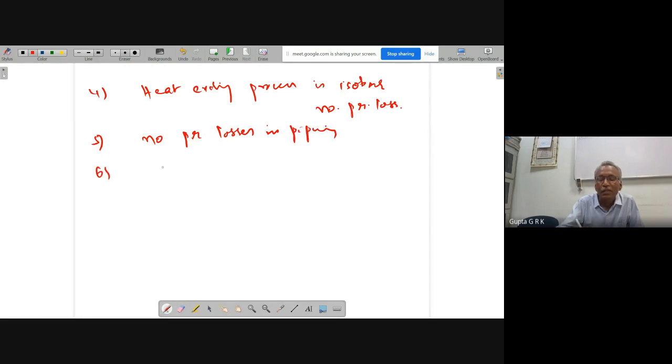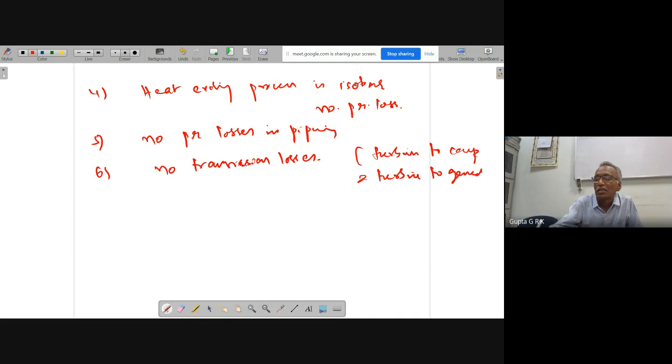And no transmission losses, that is turbine to compressor, and turbine to generator. Okay, and then complete combustion takes place.